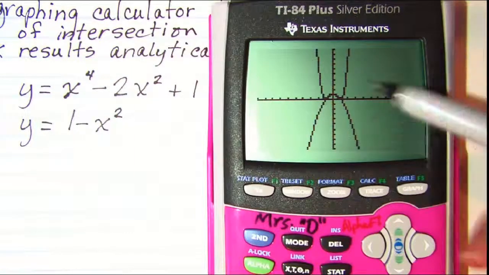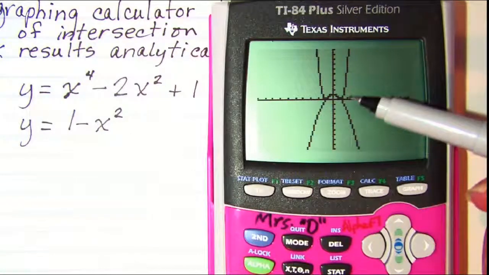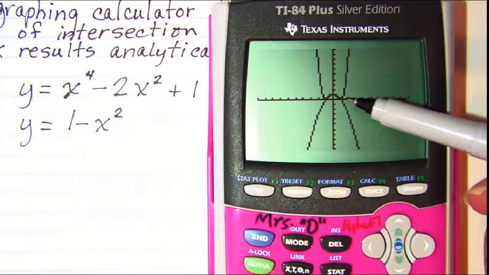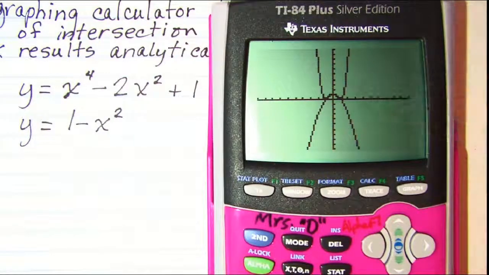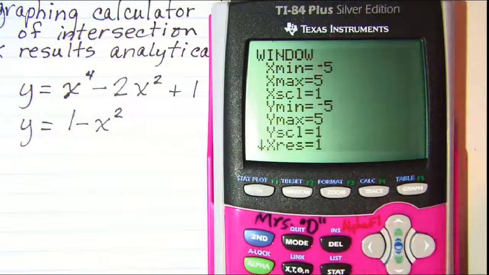Now we have a little smooshing, it's kind of crowded right in here. These do not lay on top of each other. So what I'm going to do is change my window and even do that even better. Minus 2, 2, and then minus 2, 2.